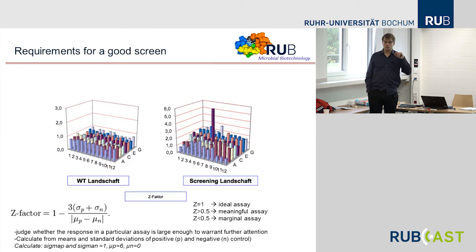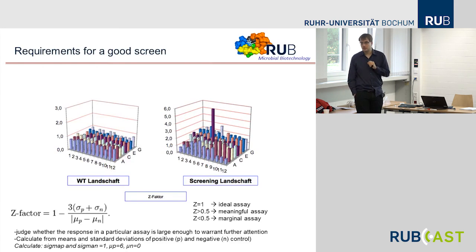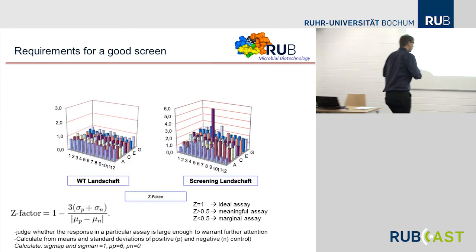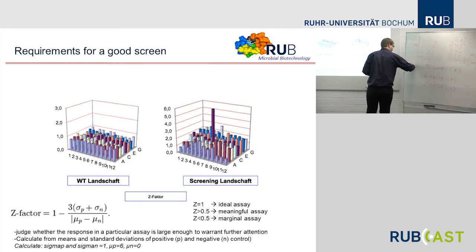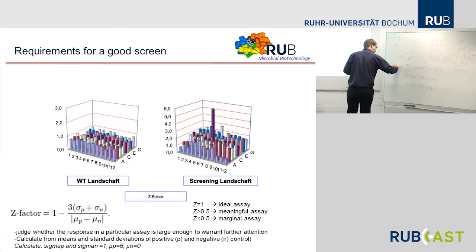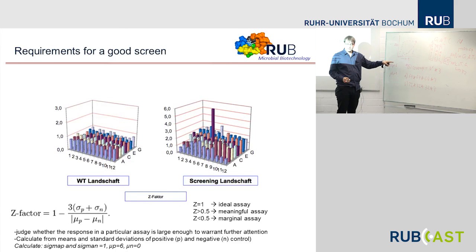And without going into an example, if you have time, I recommend you to calculate mu p equals 6, mu n equals 1. Which means we have a signal of 6 with the active enzyme, 1 with the empty strain, for instance, and we have a standard deviation in both cases of plus minus 0.5.